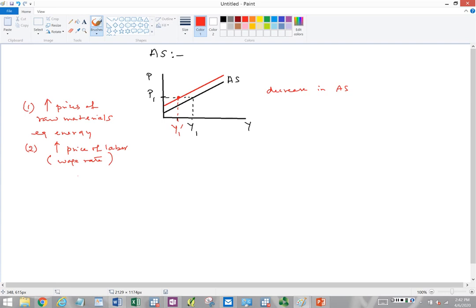All right, so we've dealt with the factors that cause shifts in AD and AS. Yes? Right, quick test of our understanding of this material here. Let me give you a question. So let's say that the economy is currently in macroeconomic equilibrium as follows.